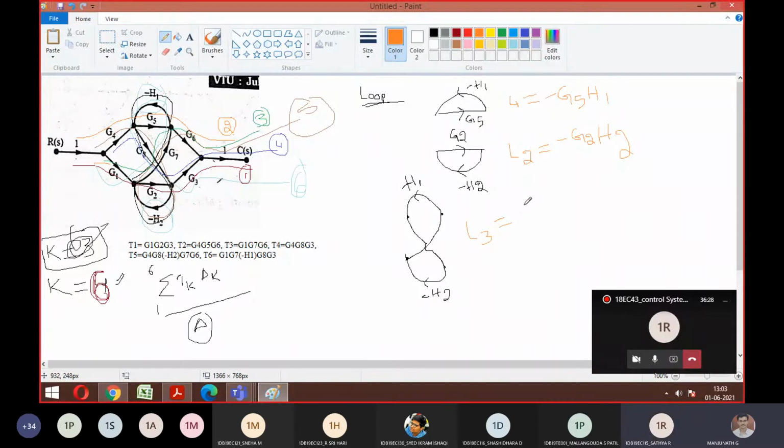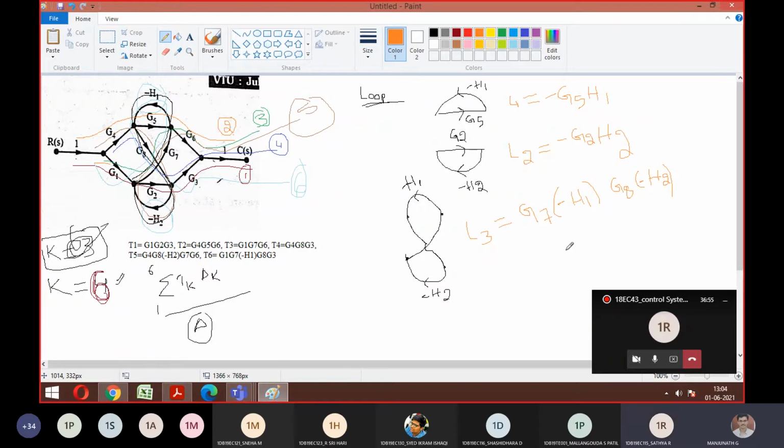L3 is equal to G7, minus H1, G8, minus H2. So here you can see minus minus gets cancelled and everything becomes positive. That you can also do rightly, not an issue. So L3 we found. Okay, remaining next.